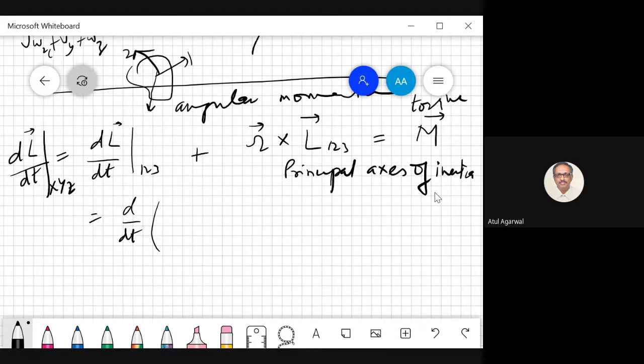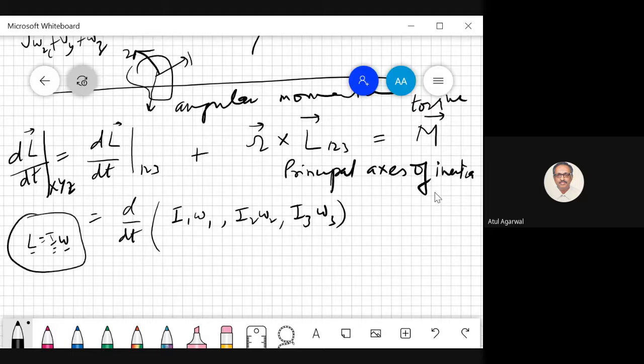Then what will happen to I? L will be I1 omega 1, I2 omega 2, I3 omega 3. What is your angular momentum? L is nothing but I omega.